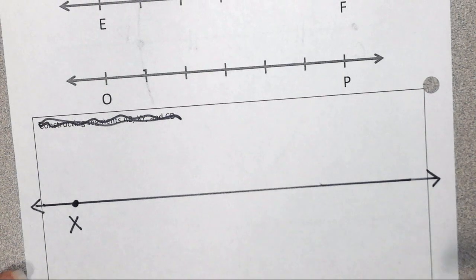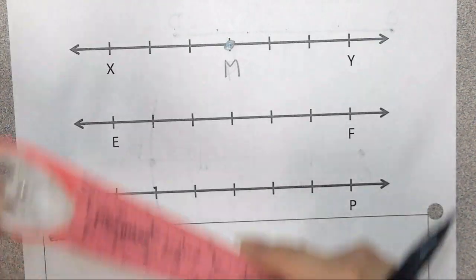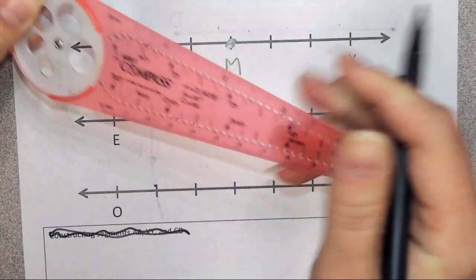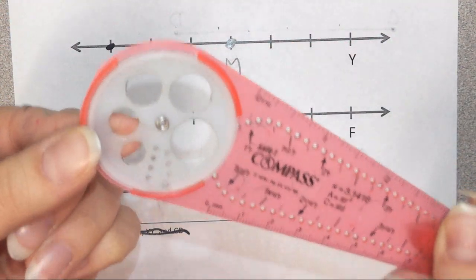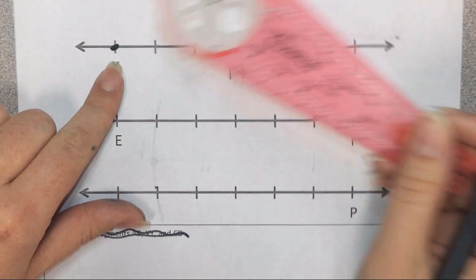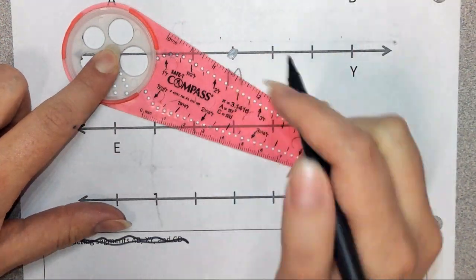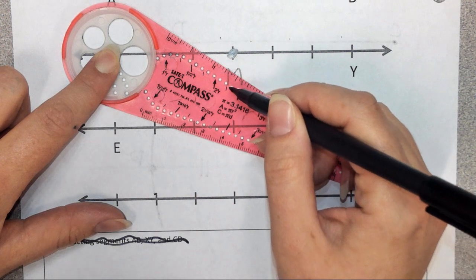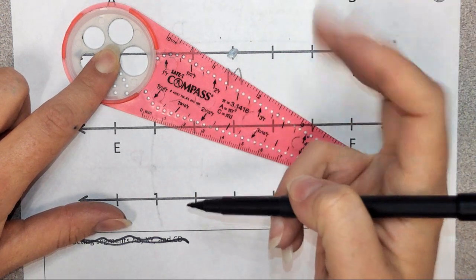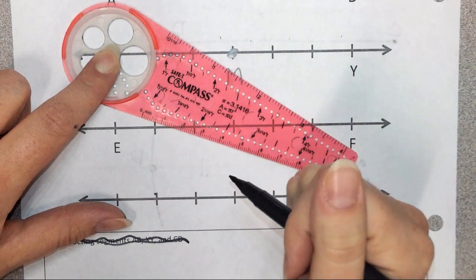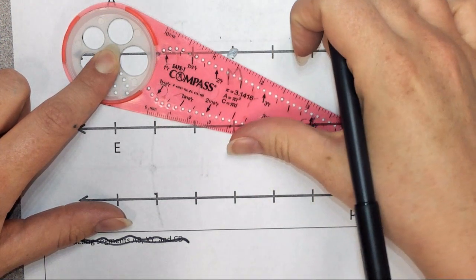Okay. So just like we did on the front, the way that we're going to copy this segment XM is by taking our compass, taking this bracket and placing it on top of X. Then over here, we're going to use these dots to sort of measure where that point M is without actually using a ruler.